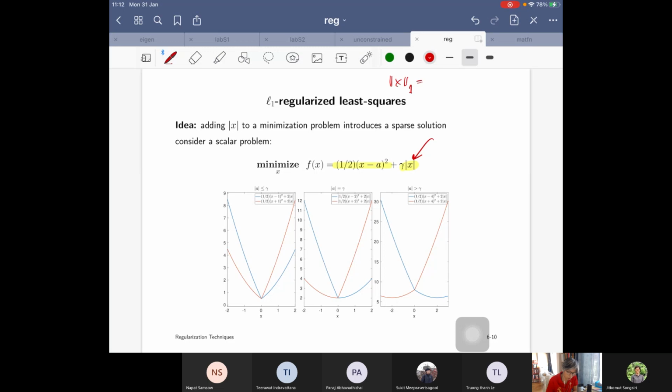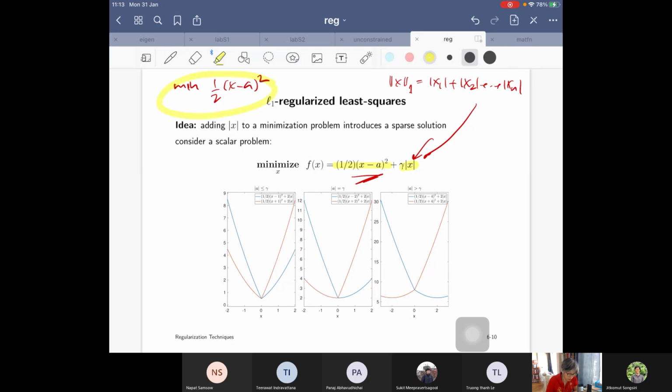Remember, the L1 norm of a vector x is the sum of the absolute values of all the entries. If x is a scalar, not a vector, everything reduces to this form. Now if you minimize this quadratic function, I use the quadratic function because it is the simplest form of the MSE loss function, the sum of squared errors.